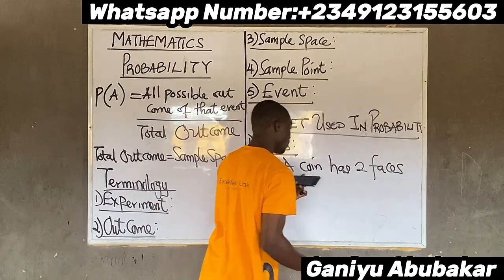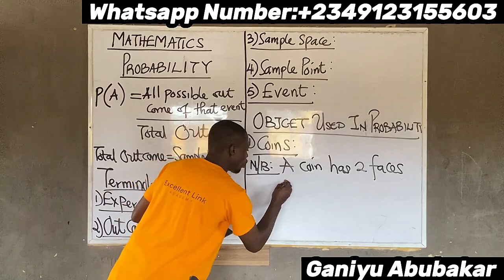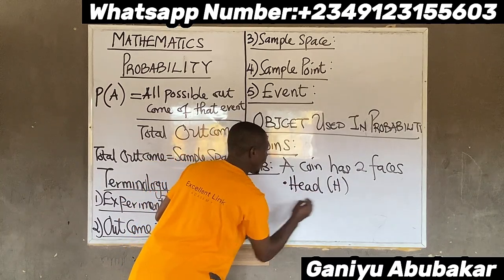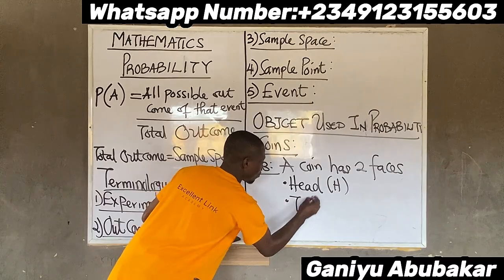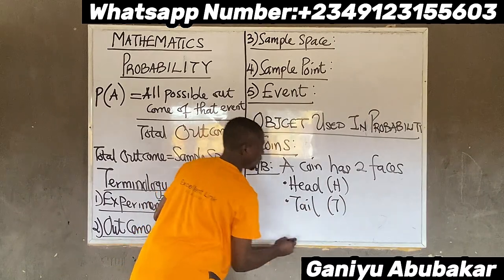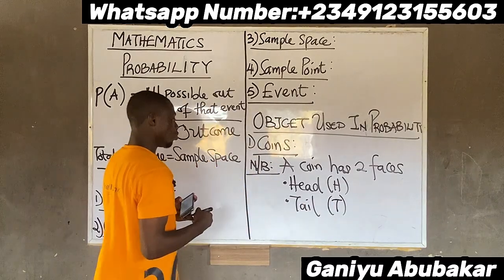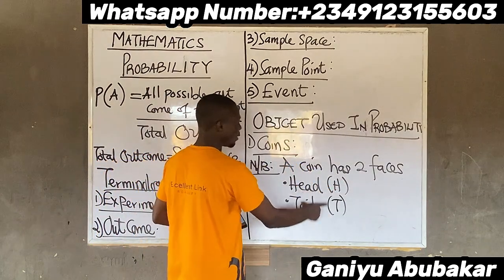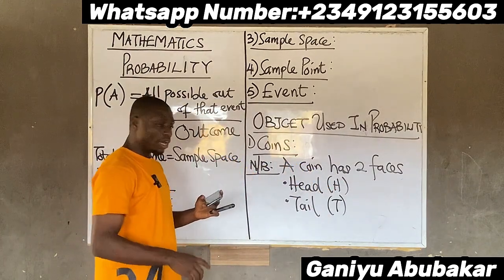Very important, please. They are the head, that's H, and the tail, that's T. So number one, please note that a coin has two faces, the head and the tail, right?